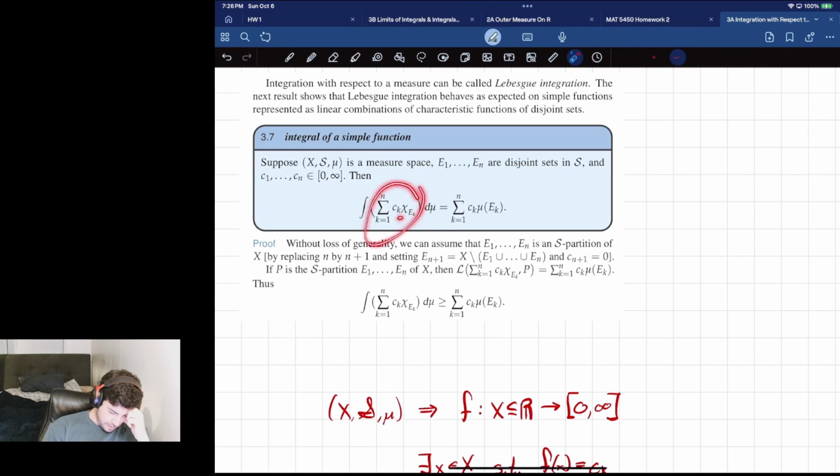Does this imply that the inverse image of the CK is in EK? I think it does. Wait a minute.